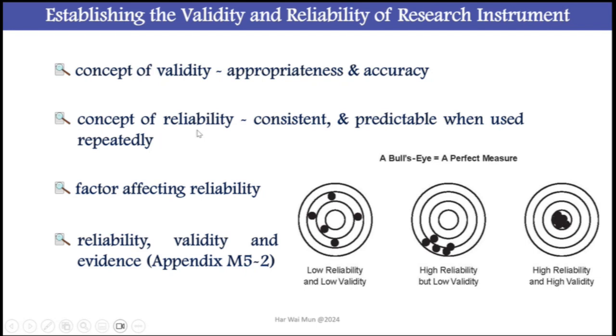The concept of reliability is consistency. You cannot hit one in the middle and the rest fly all over. In this case, you also won't win any medal. Reliable means you consistently hit the same point.